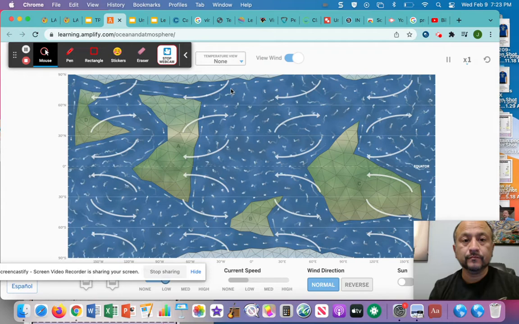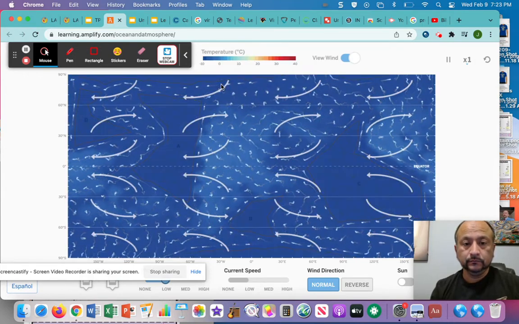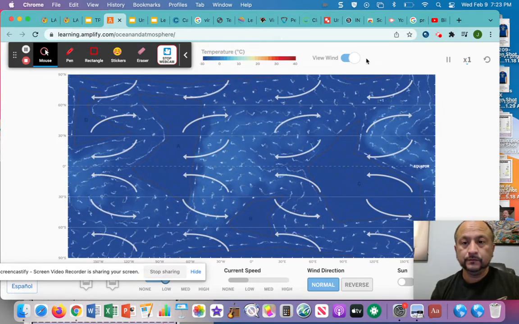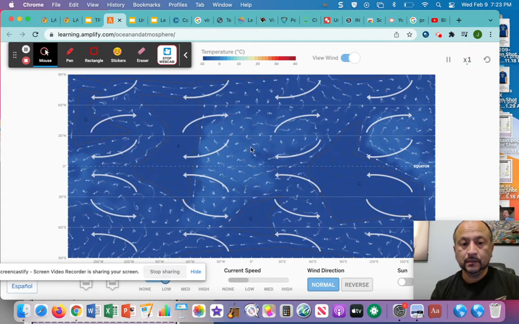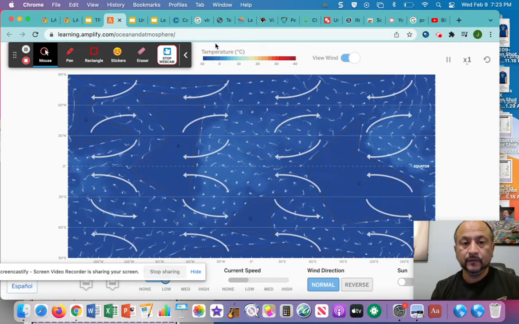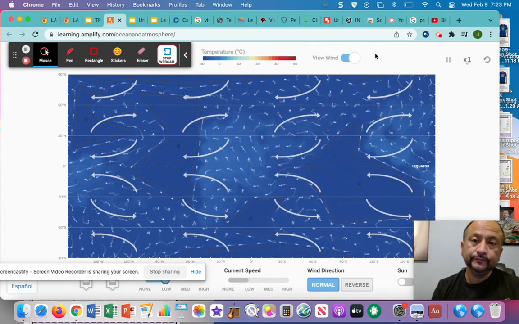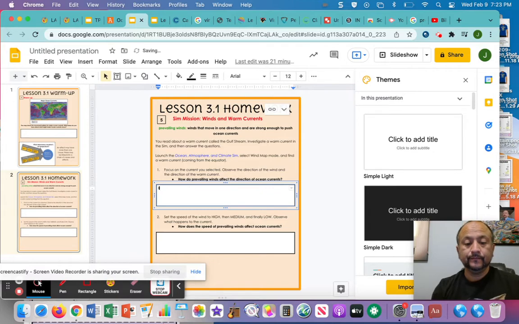Well, if we look at the air here and we look at the surface, we can see that the ocean currents are running in the same direction. If the winds move, the currents are also moving.